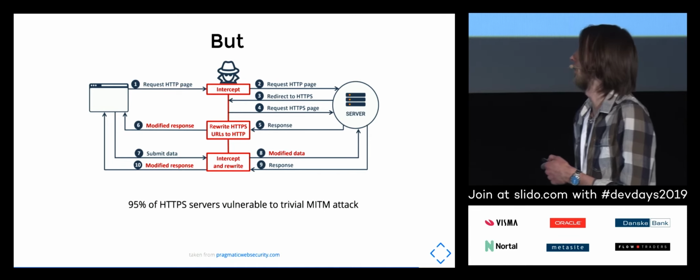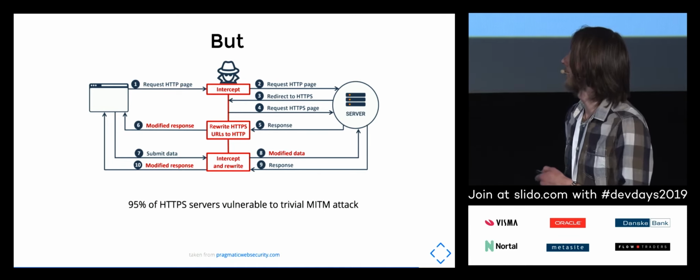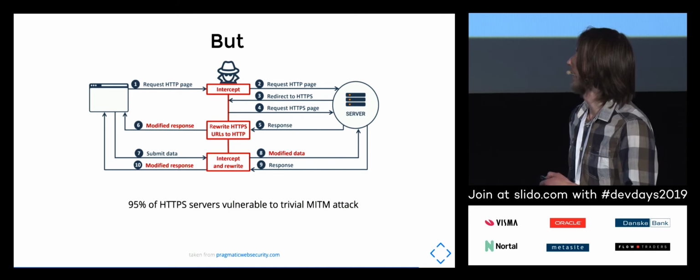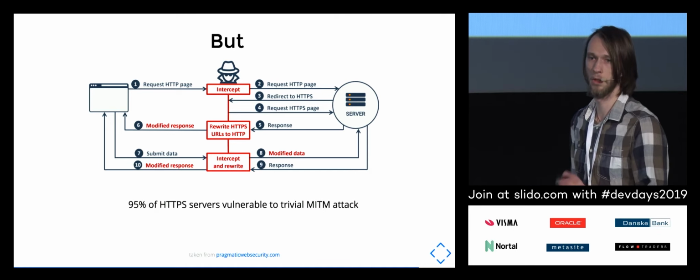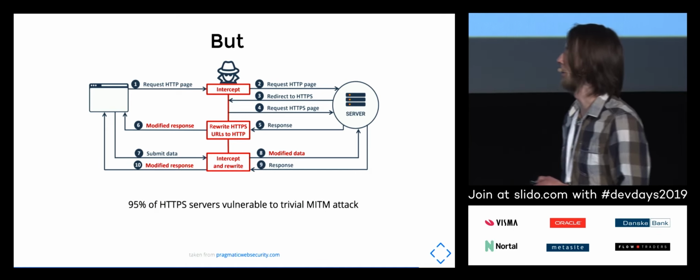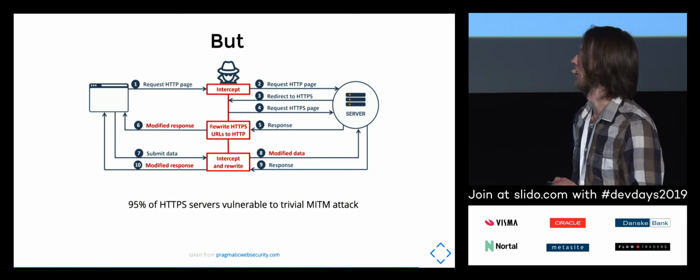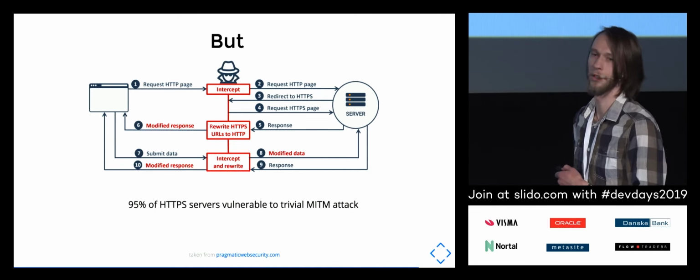The site says, okay, good, I'm sending an HTTPS response. And again the hacker rewrites all the HTTPS URLs to HTTP for the user. And for the user, it's a normal site. User submits the login and password, and the hacker does the same, only over HTTPS.